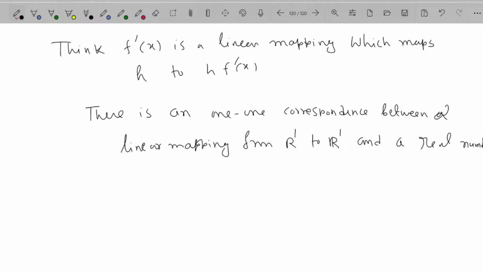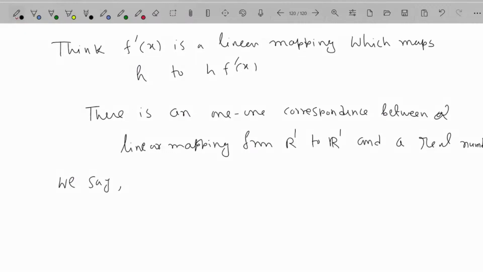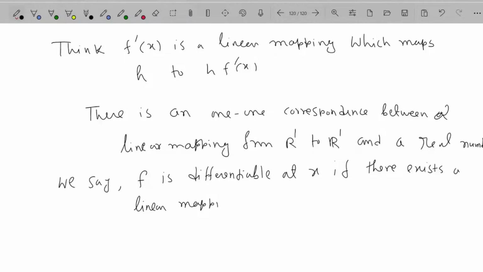Okay, so therefore in this new definition, we say f is differentiable at x if there exists a linear mapping, denoted by f dash x, such that limit h tends to 0, r of h by h is 0.